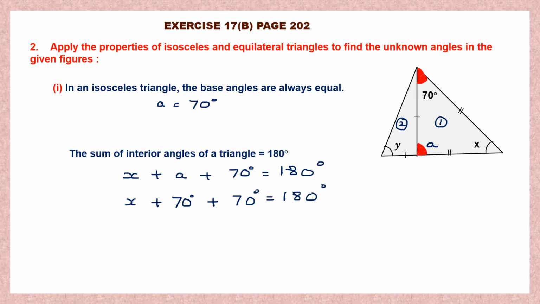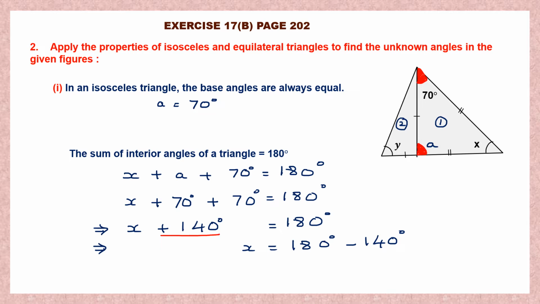180 degrees. So we're going to find the value of X. X plus 70 is 140 degrees. Together they must add up to 180 degrees. Therefore, to find the value of X, we say 180 degrees minus 140 degrees, because we are transposing plus 140 to the right hand side, it becomes minus 140.